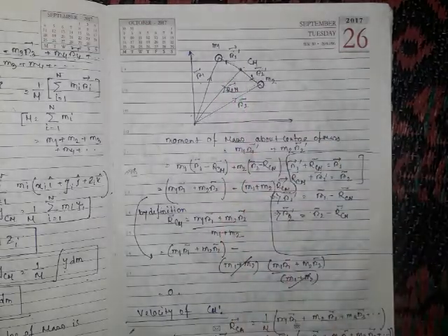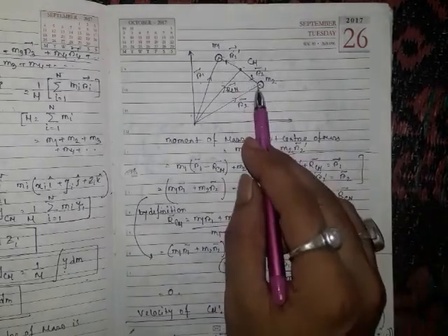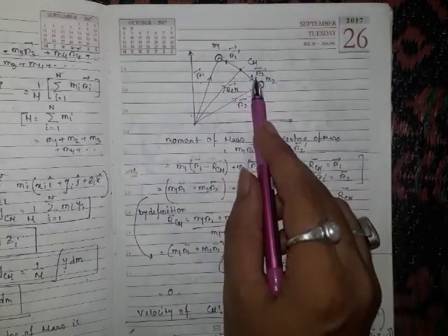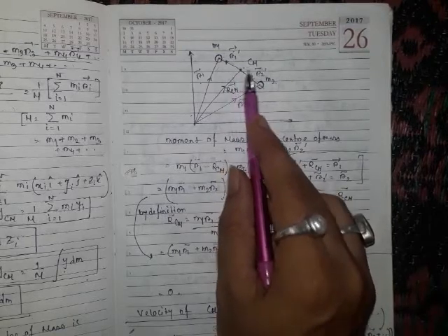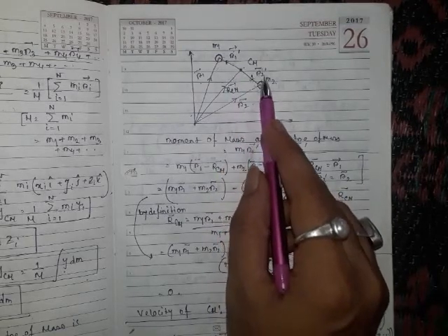And the center of mass and m2 are at a distance r2 prime, directed in this direction, that is r2 prime.